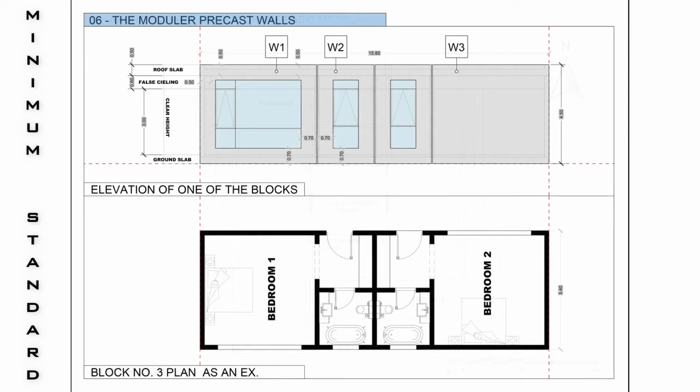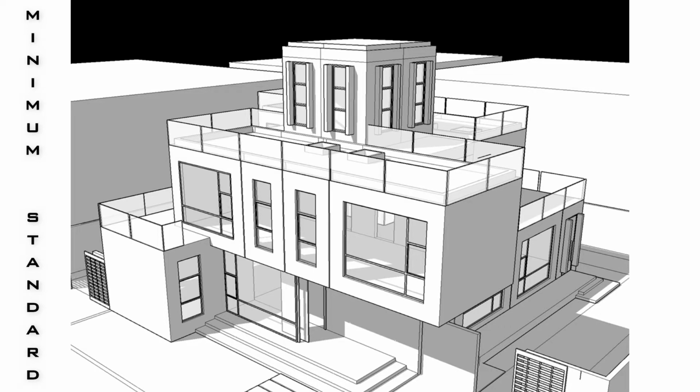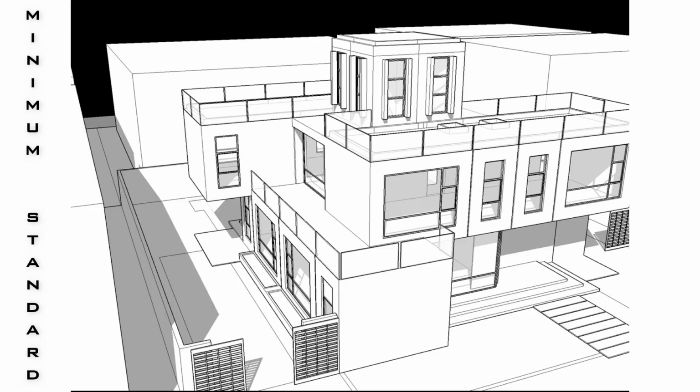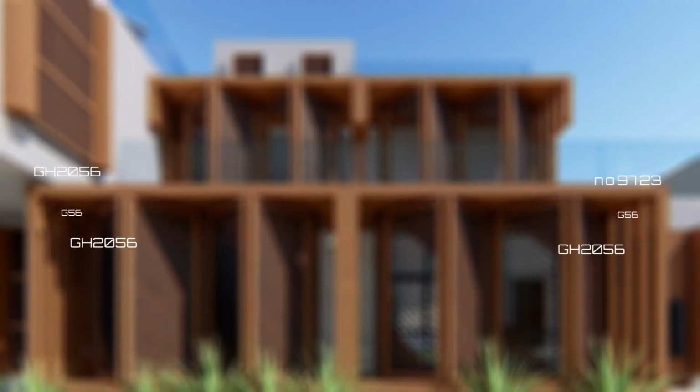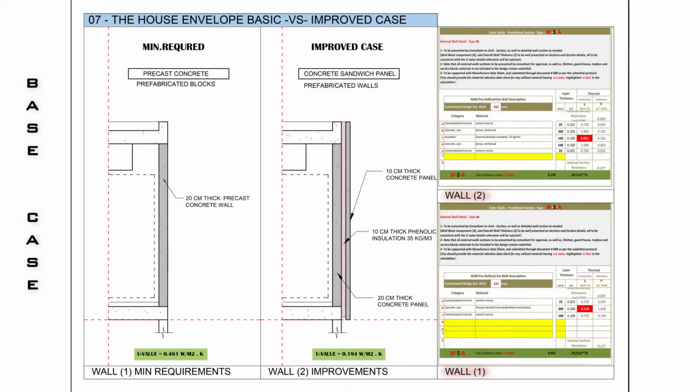The modular blocks will be shaped using precast modular walls. For the improved envelope, a concrete sandwich panel with 10 cm phenolic insulation will improve the transmittance value to 0.19 W/m²K as per the Estidama calculator.